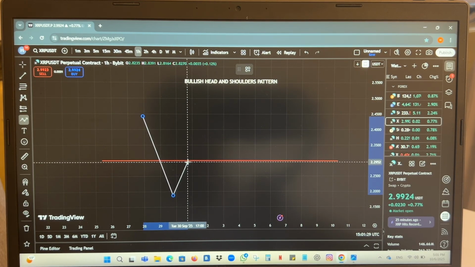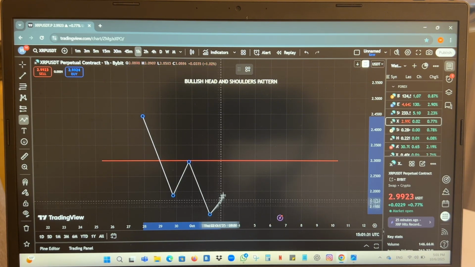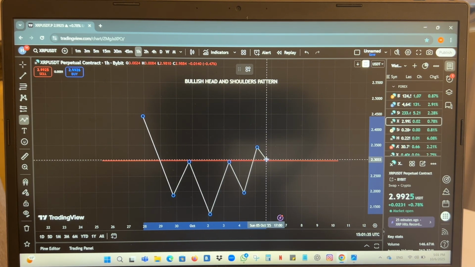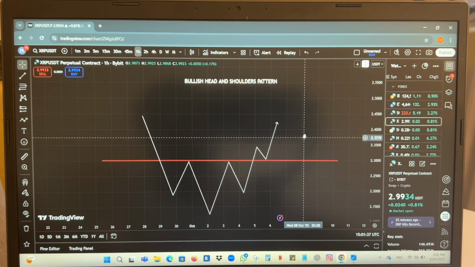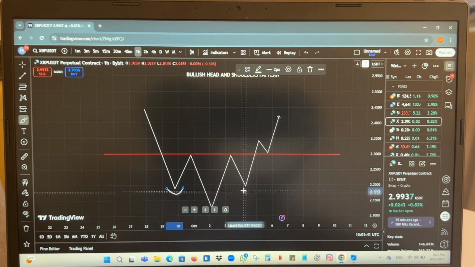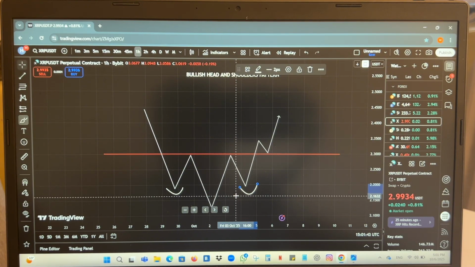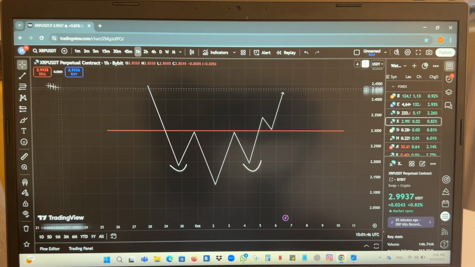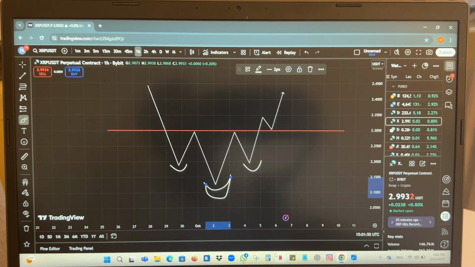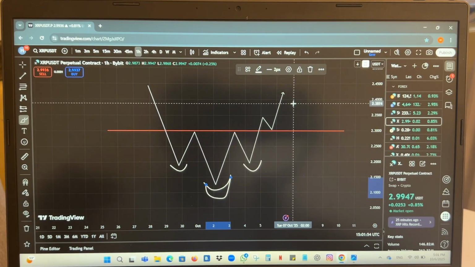It makes a smaller high and breaks it, and then it does a retest and goes up. Like I mentioned before, these two are going to be shoulders, and this is going to be the head.